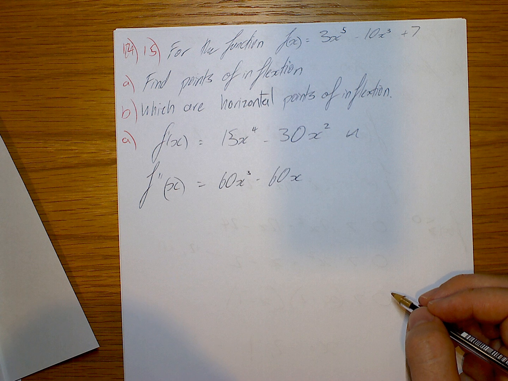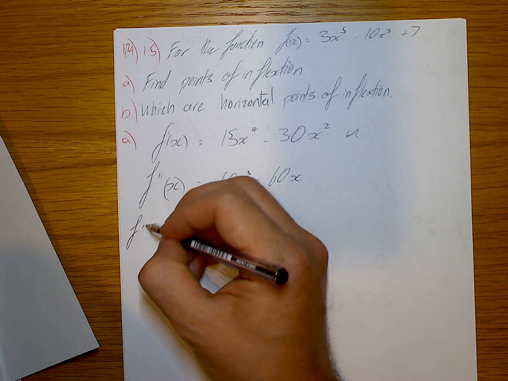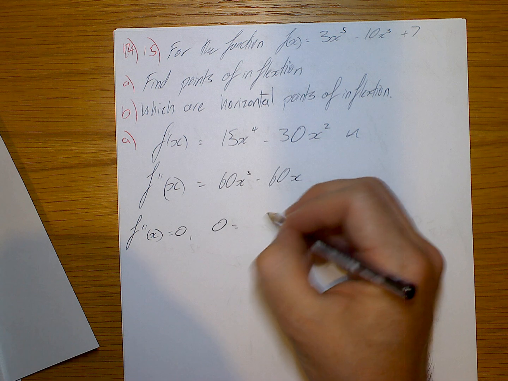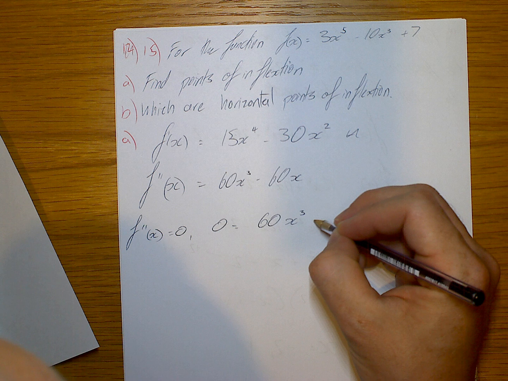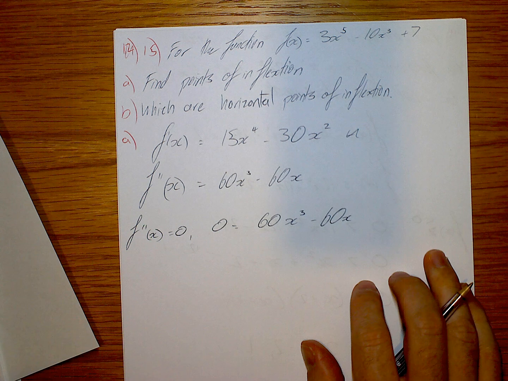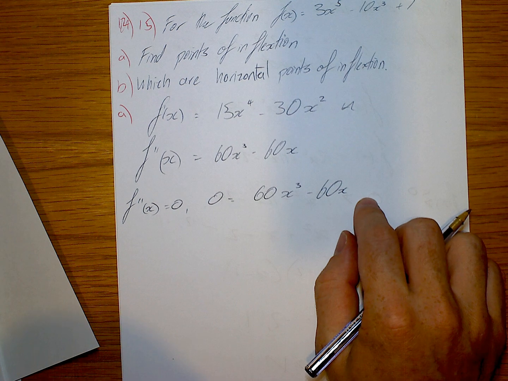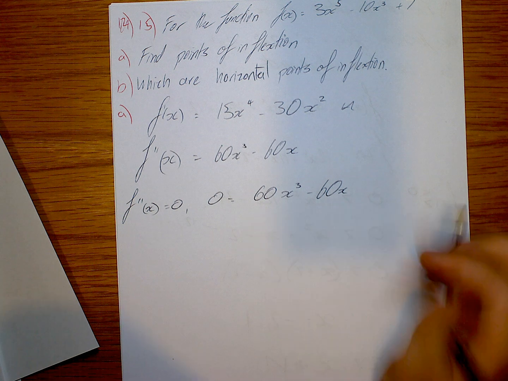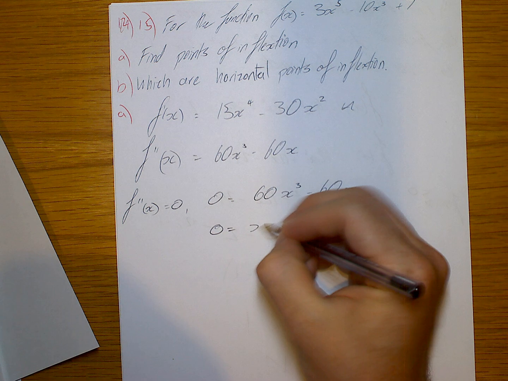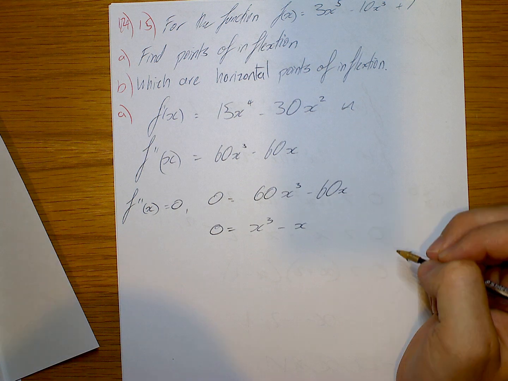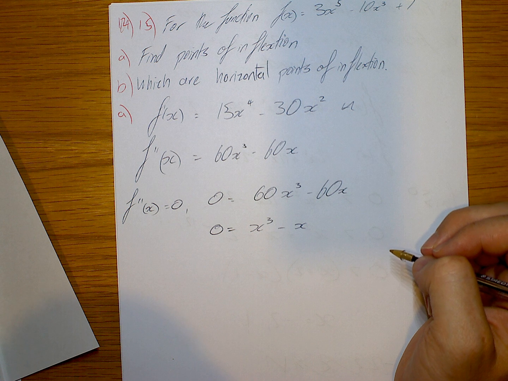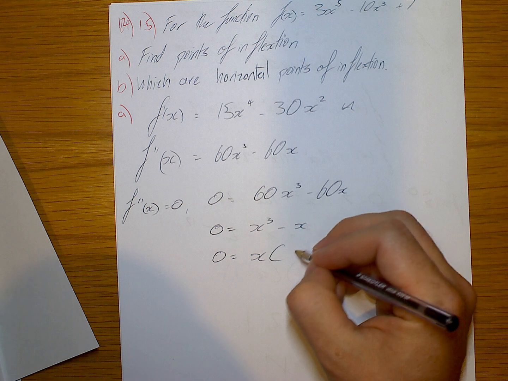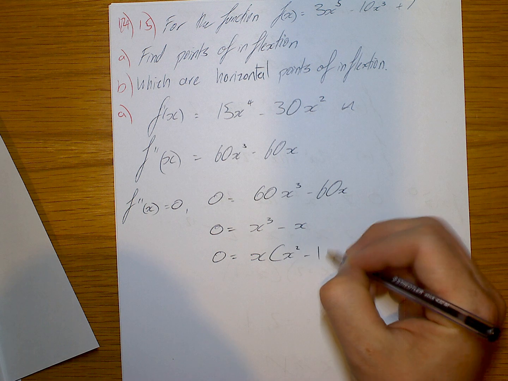Now we need to make that equal 0. So 0 equals 60x to the power of 3 minus 60x. What's our x going to equal here? If we divide everything by 60, we can say 0 equals x to the power of 3 minus x. In brackets form, 0 equals x(x squared minus 1).